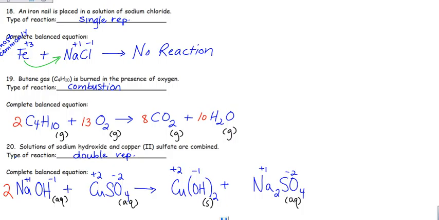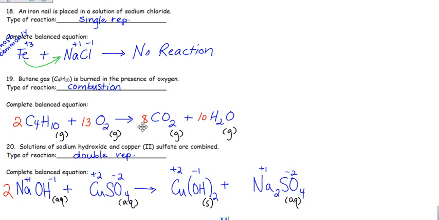Your first gut instinct is maybe to put a 4 in front of the carbon and maybe a 5 in front of the hydrogen. 5 times 2 would be 10. But then you'd end up with 5, and this would be like 8 oxygen, and you can only use even numbers of oxygen on the reactant side. So anytime one side is even, one side is odd, find that oddball and double it.